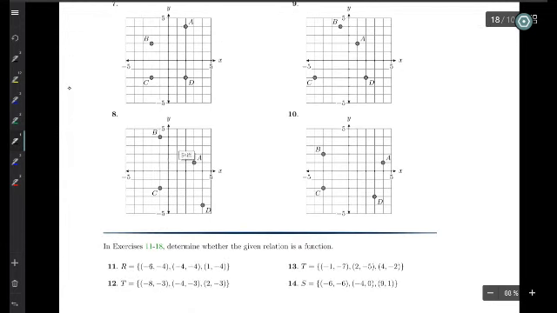So, for 8, we have domain. Let's look at the coordinates of these points. It looks like -1. Coordinates here, 1. X coordinate here, or not. 3 here, 4 here. So domain -1, 3, 4. Let me make that look more like a brace.